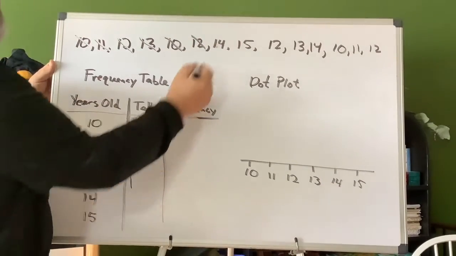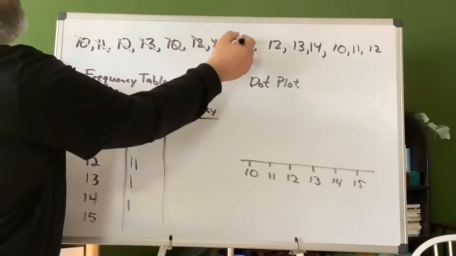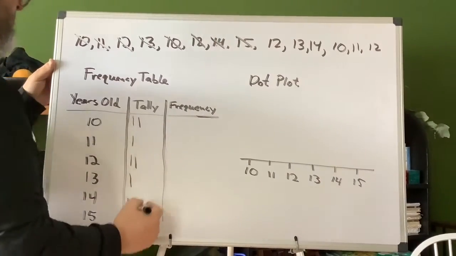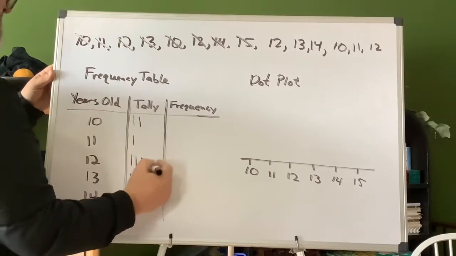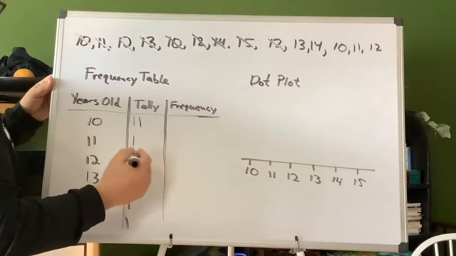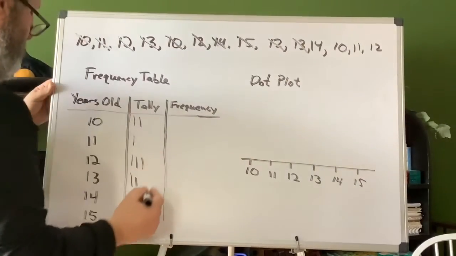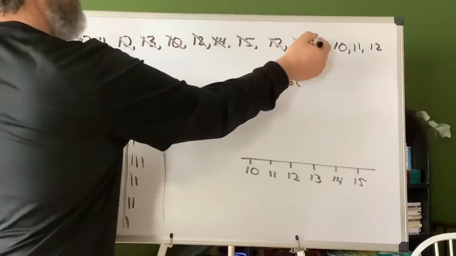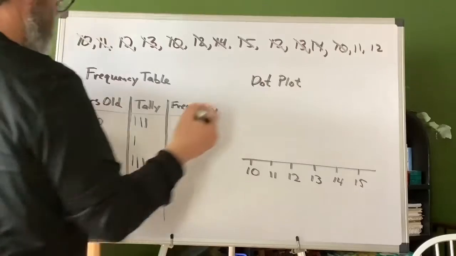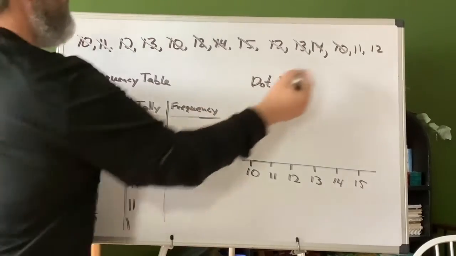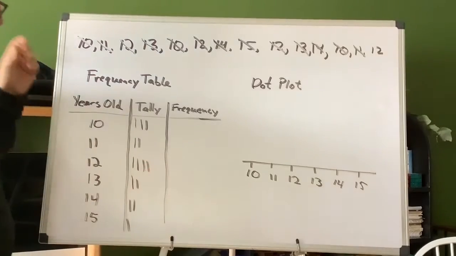So do you see what I'm doing here is I'm creating a system that allows you to do this very quickly. Now, I realize that this is the computer age, and this is probably even an archaic system with what we do with computers these days. But right now, we're just doing things by hand, and in the real world, yes, you use computers, but I'm just trying to show you what it means to create some bins here.